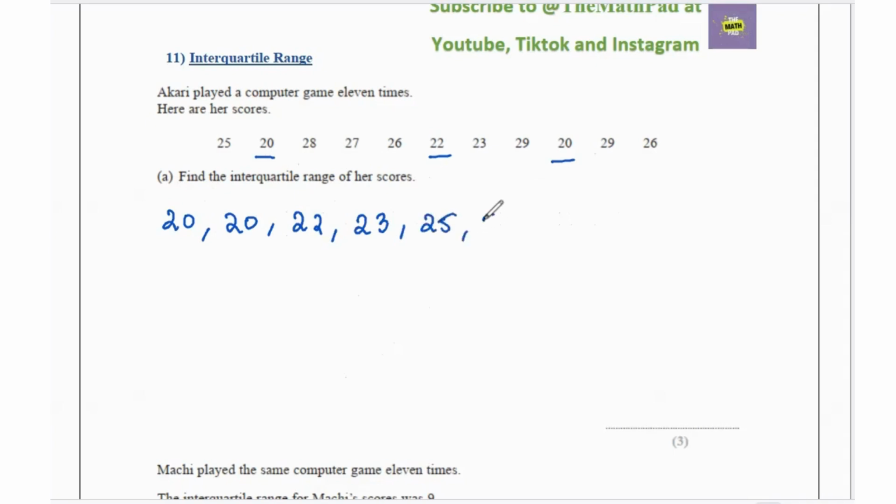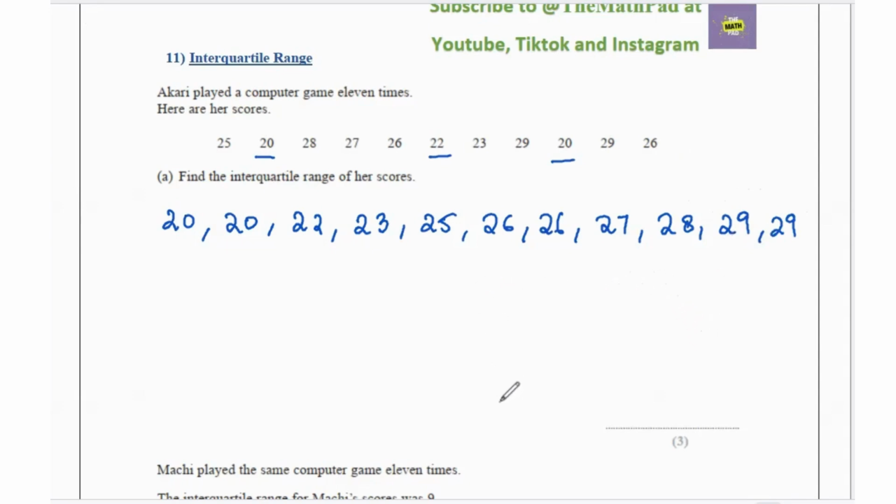Then we have 26 and 27 and 29. Oh, there's a 28 as well. 28 and then 29. I think that's all of them.